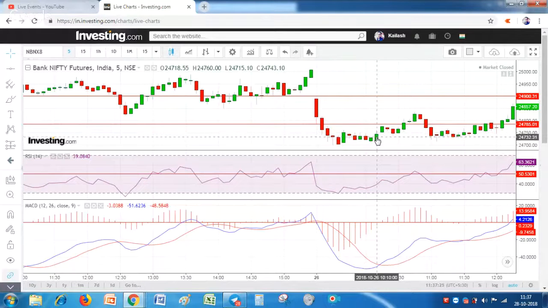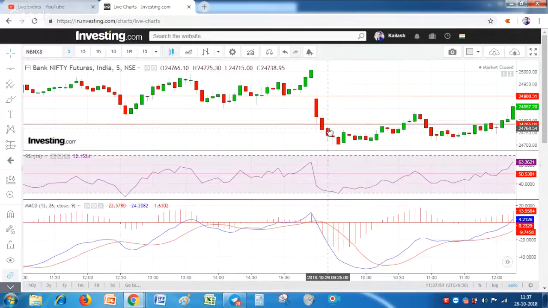Somewhere at this level, safe traders would have exited, because there is a bullish crossover of MACD. Once there is a bullish crossover, that's an indication that safe traders should take an exit at the 24,730 level. Those who exited at this level would have got only approximately 50 points.